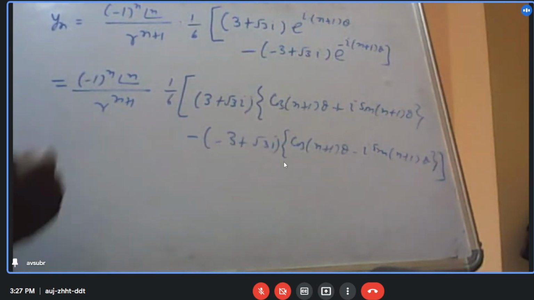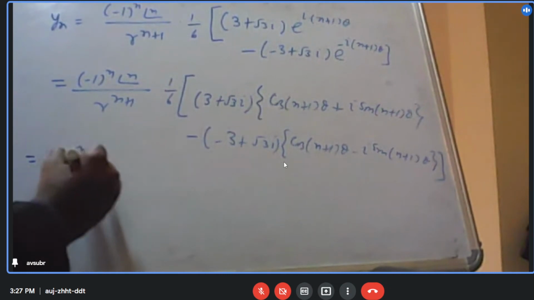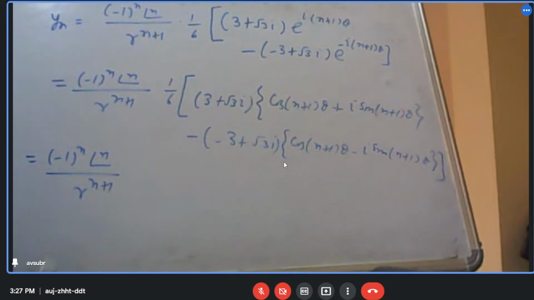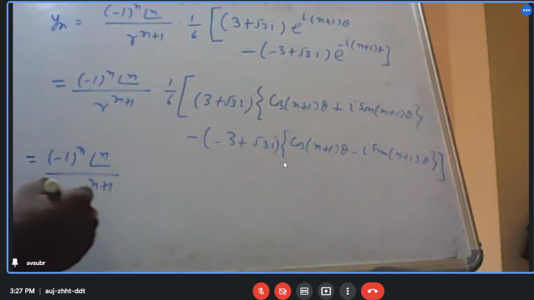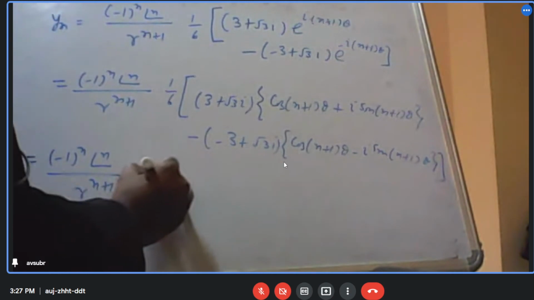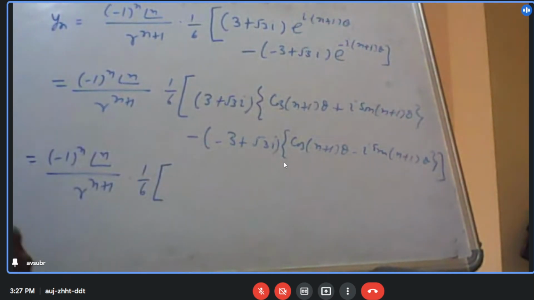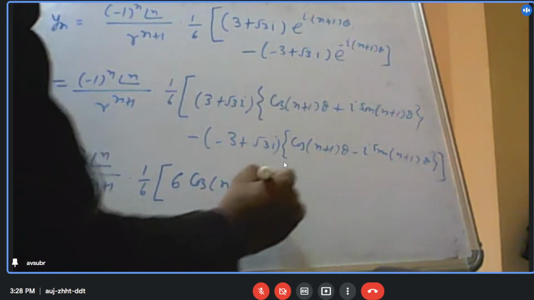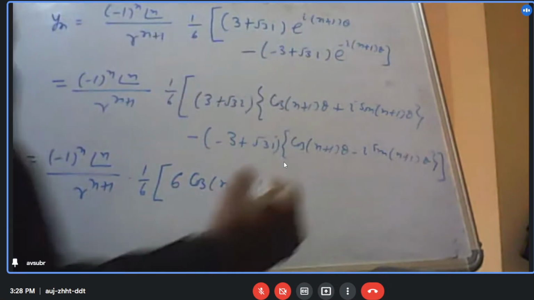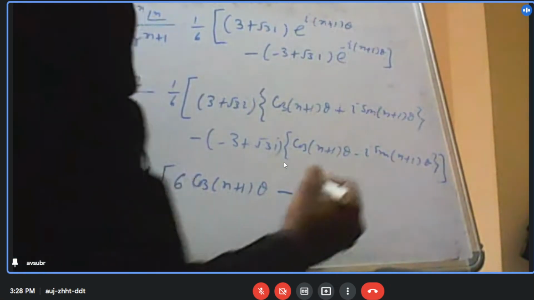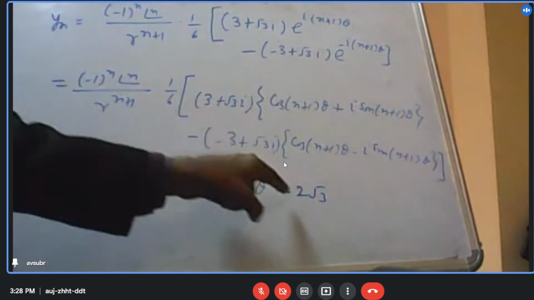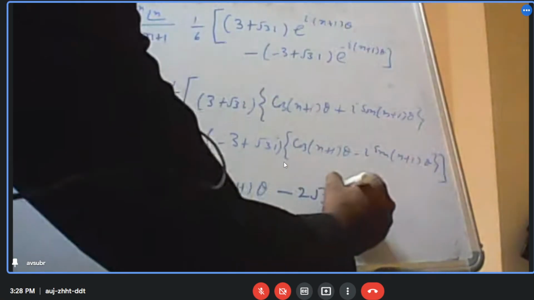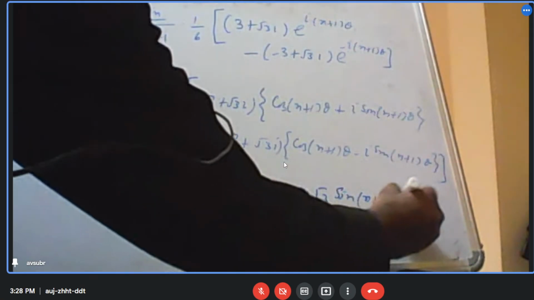Now further solving it, we will get minus 1 to the power n factorial n r to the power n plus 1 into 1 by 6, and this will become 6 cos n plus 1 theta. Other things will cancel out, and one more term will be left in the equation, that is minus 2 root 3 sin n plus 1 theta.